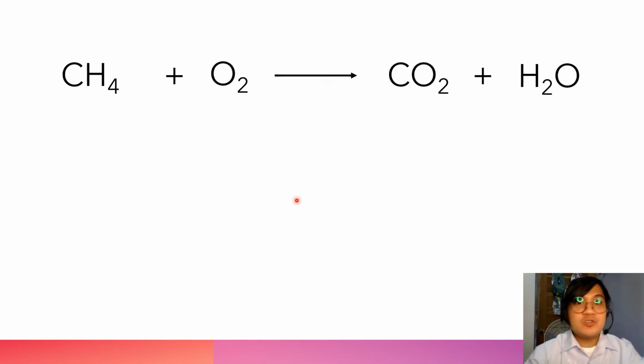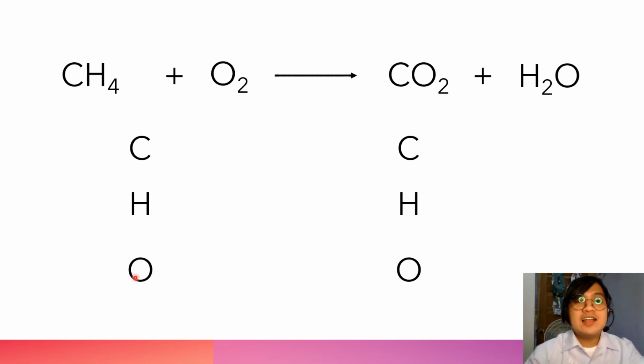So I think you are now ready for the reveal of the answer. Let's balance this equation once again. Once again, our steps are the following. Step number 1 is to count the number of atoms present in the reactant and in the product. We have the following elements: carbon, hydrogen, and of course oxygen.